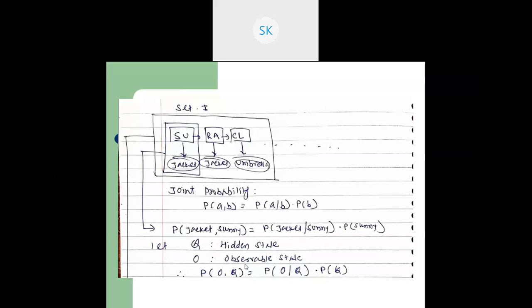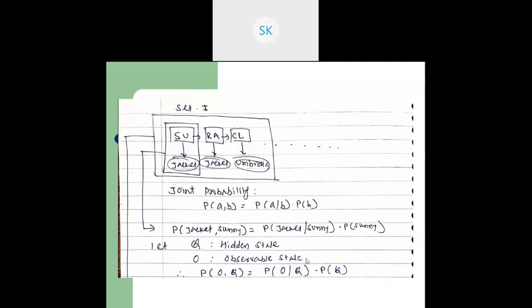In our reference books, the standard notation is that capital O is used for the observable state and capital Q is used for the hidden state.